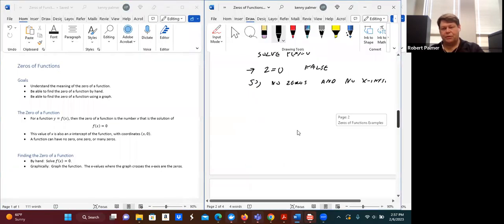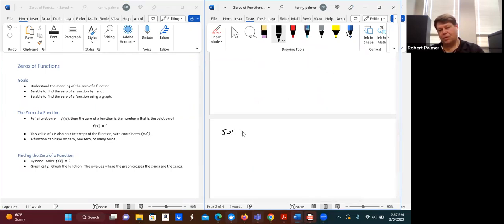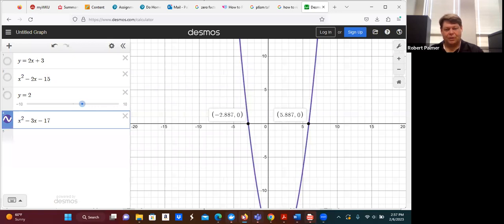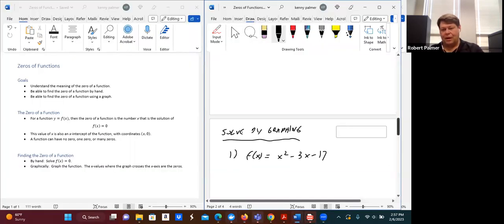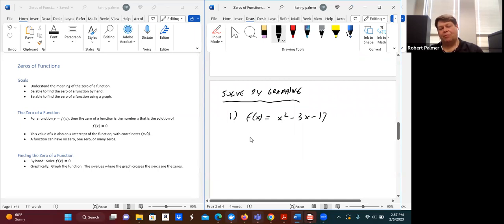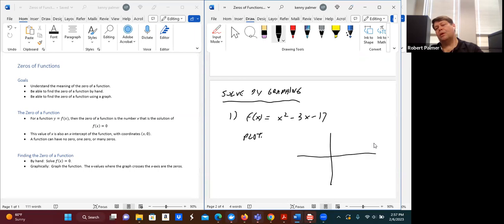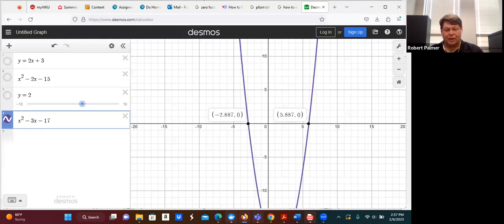Let's do a number 4. Let's go and do this. So I can just go down here. Number 1, f of x is equal to x squared minus 3x minus 17. I believe that's what I picked. Now, if we plot this, once again, I'll just do a very basic graph since we can see it right here.